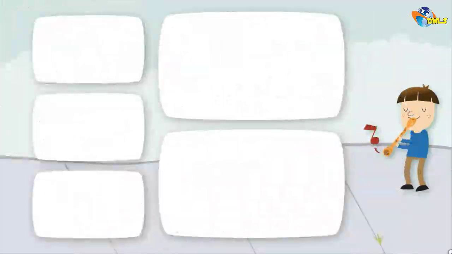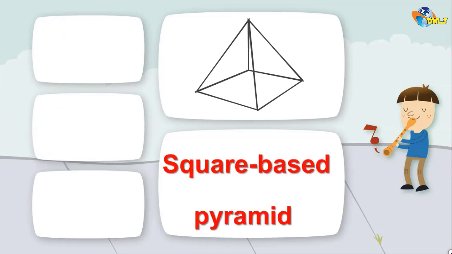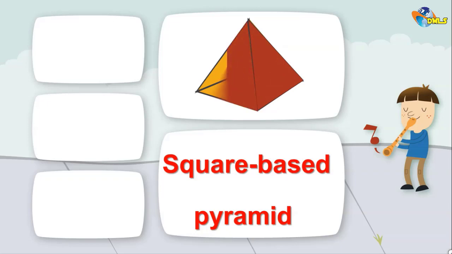We have another solid. This solid is called square-based pyramid. Can you count the number of faces? 1, 2, 3, 4, 5.